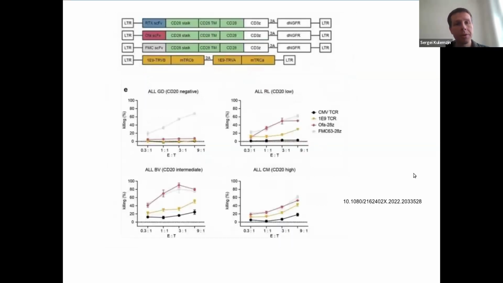So how about the difference between chimeric antigen receptor signaling and recombinant TCR signaling? There is one really interesting paper where they compare different designs of chimeric antigen receptor specific for CD20, and recombinant TCR also specific for CD20.